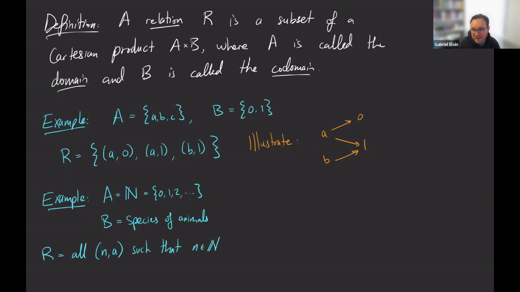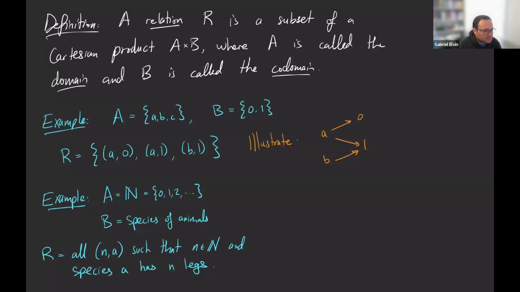So we'll take all of A and cross it with, so each n will be associated with the number of legs that animal has, such that species A has n legs.